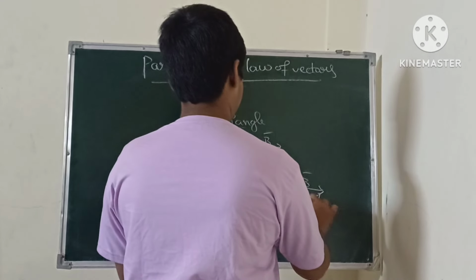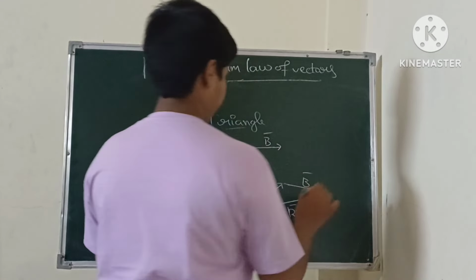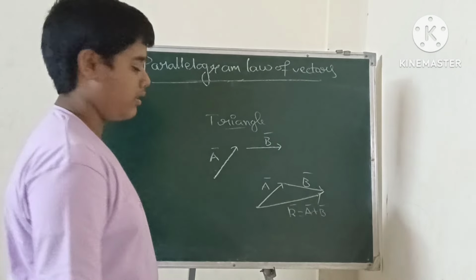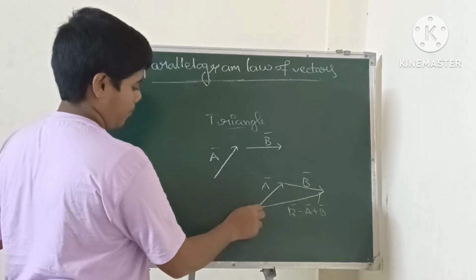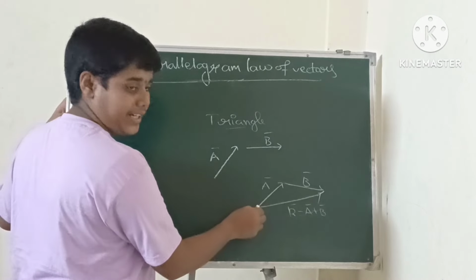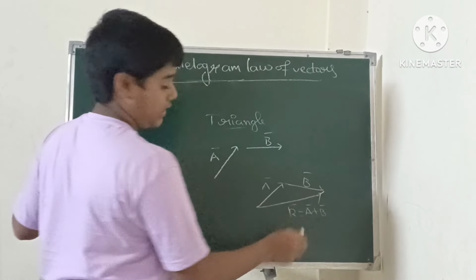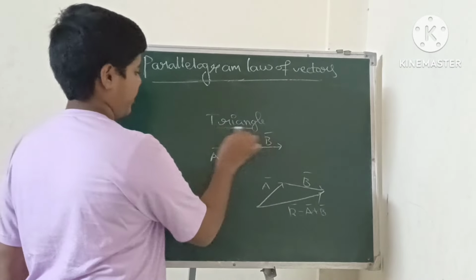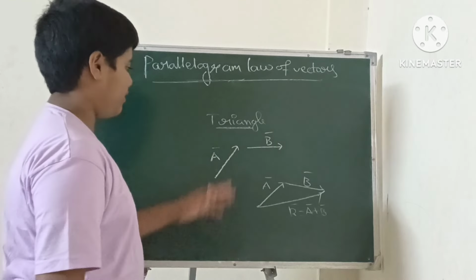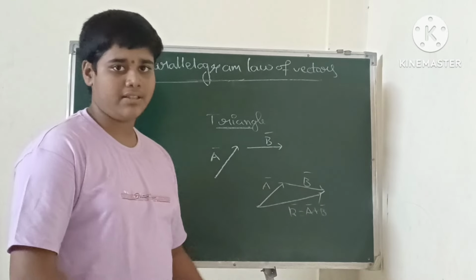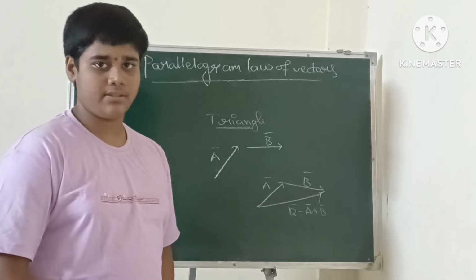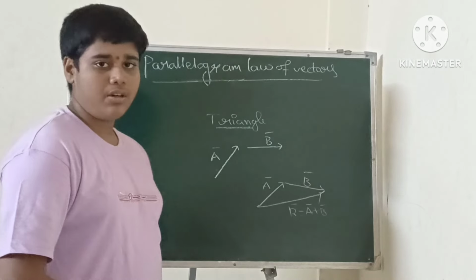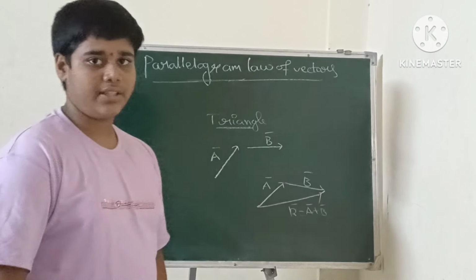R bar is equal to A bar plus B bar. Here the resultant is in opposite sense. From free tail to free head it will join. So this is the triangle of vectors and the continuation of triangle of vectors is polygon of vectors, which means two or more vectors.